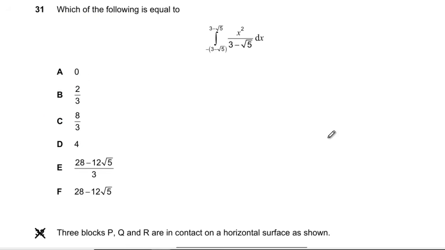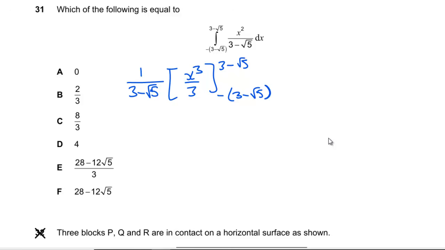Question 31, which of the following is equal to this? Right, okay, so let's take the constant outside of the integral. I'll have an x cubed over 3 minus root 5, and a minus. Right, so that's just going to double up because we've got a cubed, and then they're going to cancel with the one on the outside for one of them.